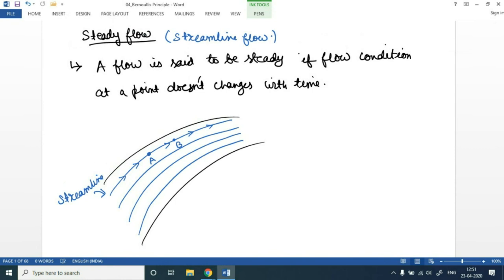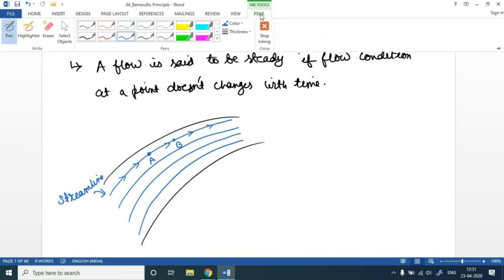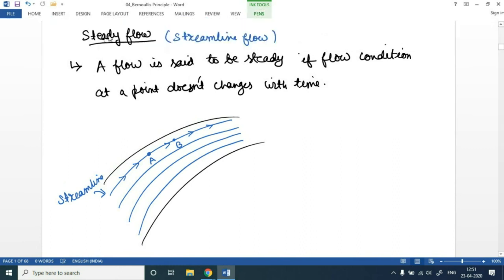For example, if at any point we wish to find out the direction of velocity of the particle, say at A, we simply need to draw a tangent at that point, and the velocity will be along this tangent. Similarly, for this other particle, the direction of velocity would be somewhere like this, along the tangent.